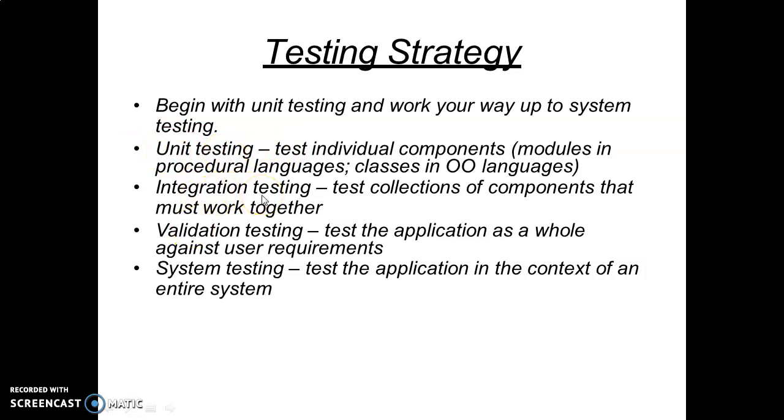Integration testing: once we complete the unit testing, these individual components are grouped together and then we perform integration testing. So we test collections of components that must work together.